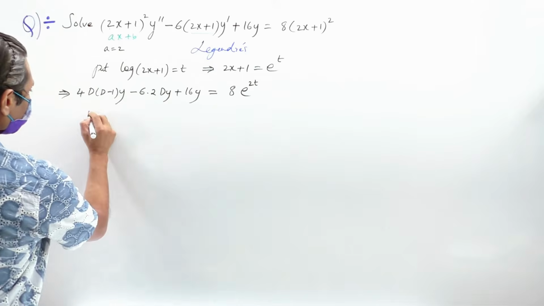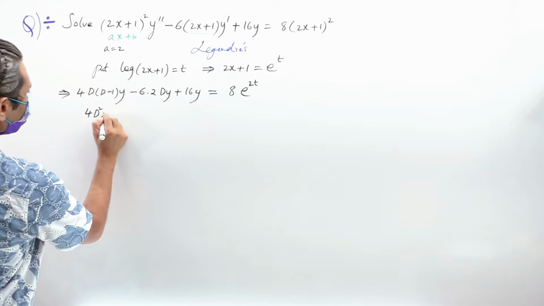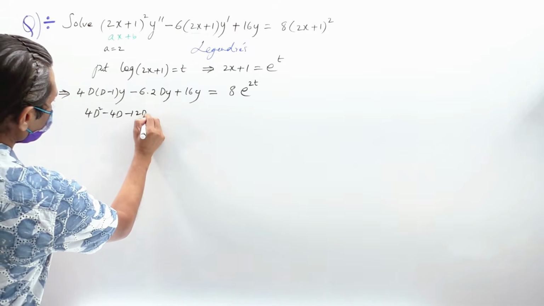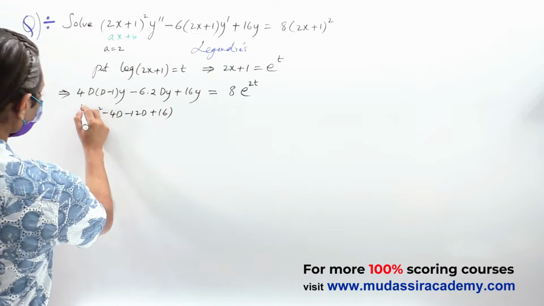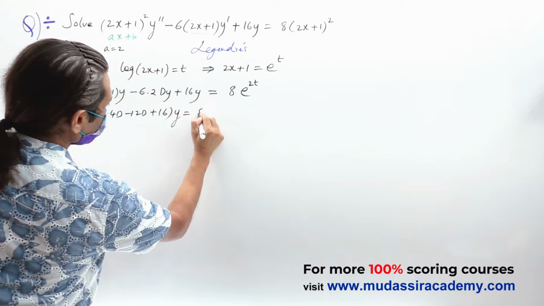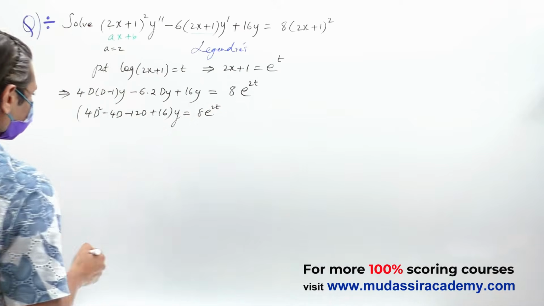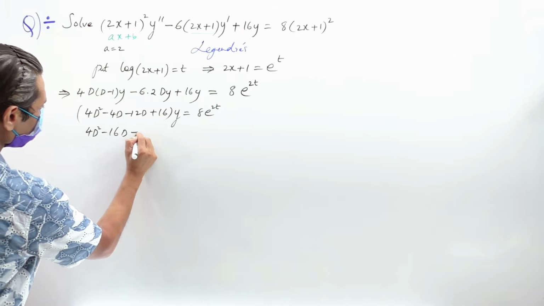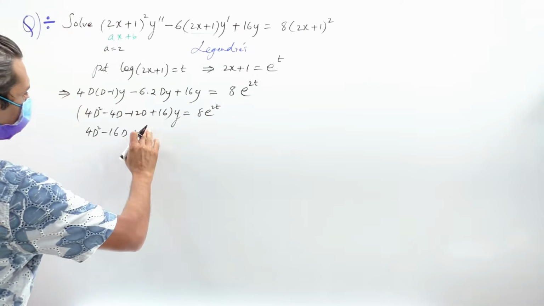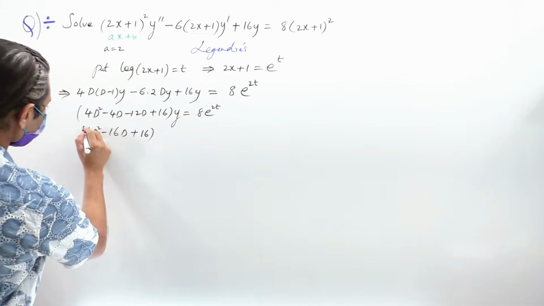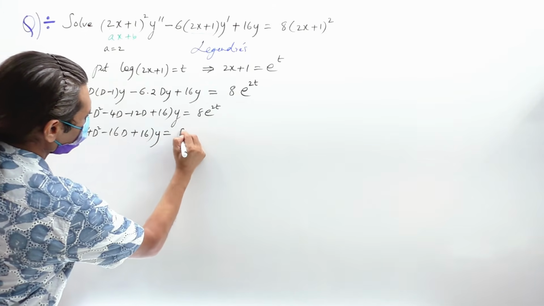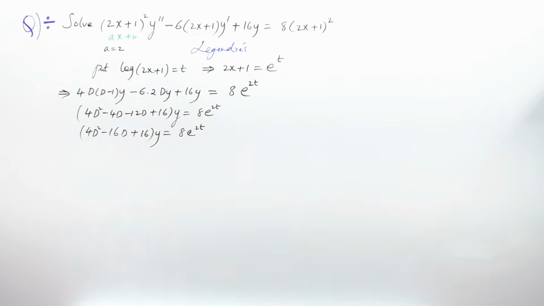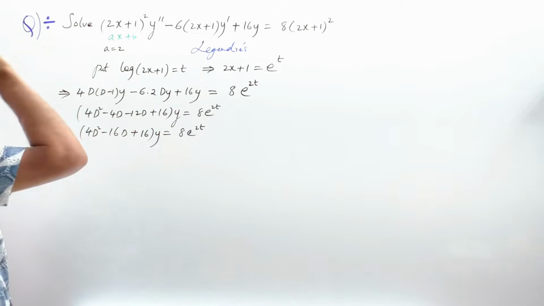Let's simplify this. We have 4D square minus 4D minus 12D plus 16 into y equals 8 e raised to 2t. So that is 4D square minus 16D plus 16 into y equals 8 e raised to 2t. Again, let's simplify this. Minus 4 minus 12, yeah, perfect, 16.